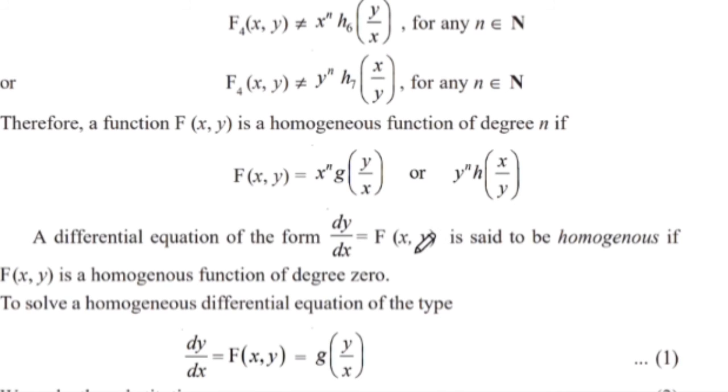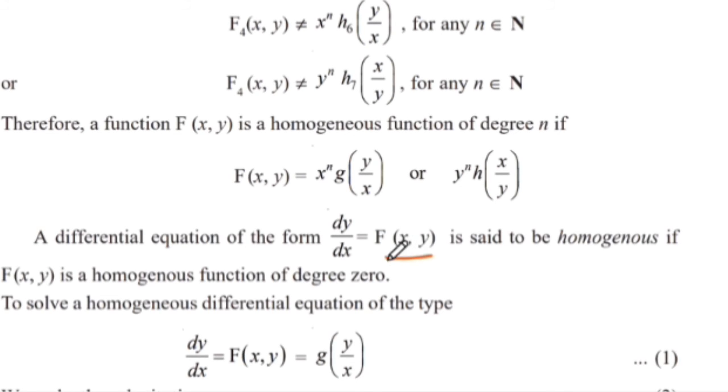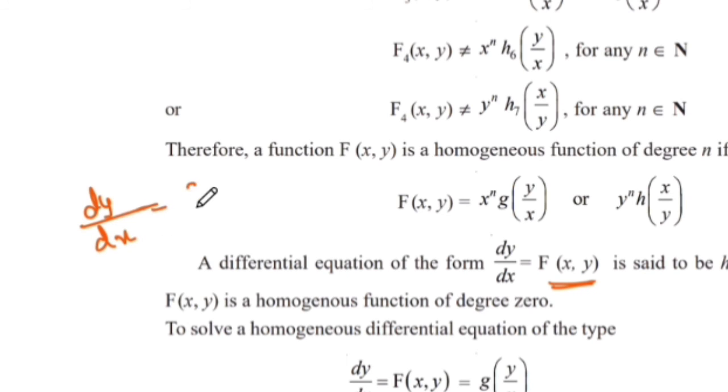Now, when will you say a differential equation is a homogeneous differential equation? The function that you get on the right side. We get dy by dx is equal to some function, isn't it? That function is a homogeneous function of degree 0.